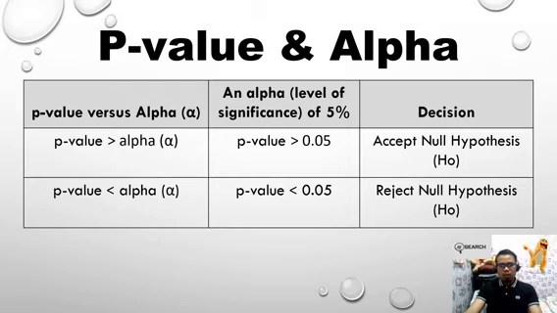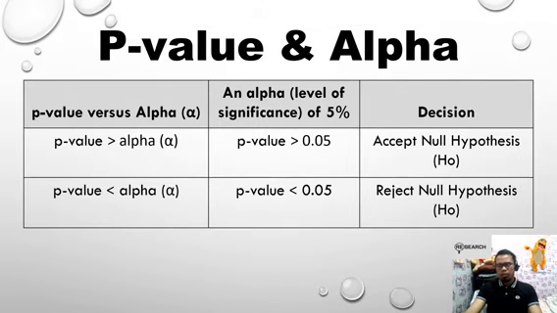So this table shows how to make a decision based on comparing the p-value and the alpha. We will be using a 5% level of significance.